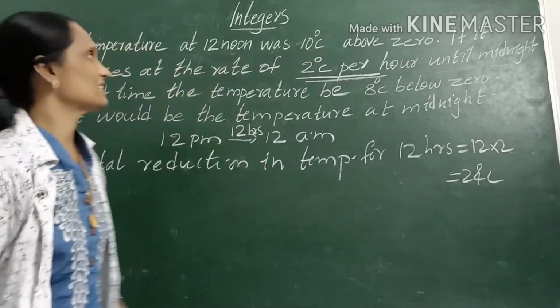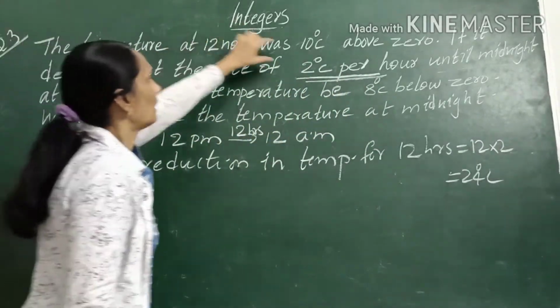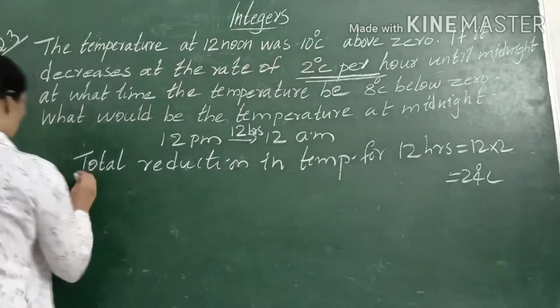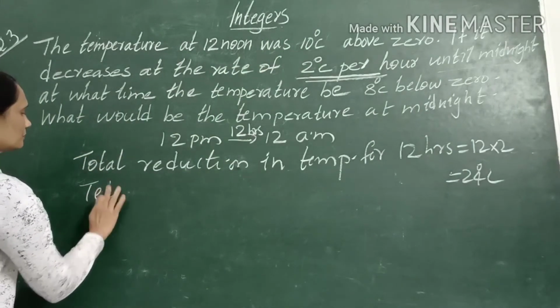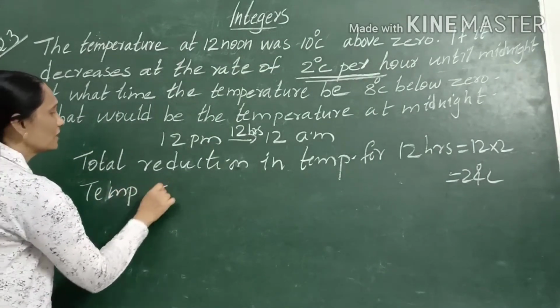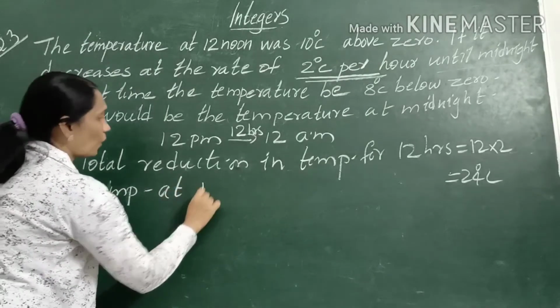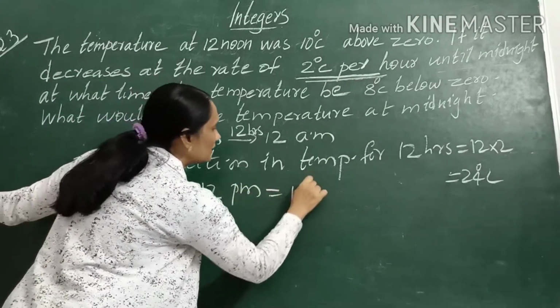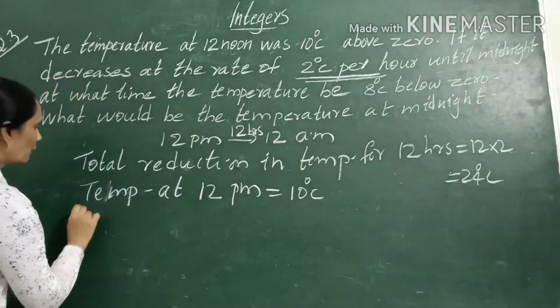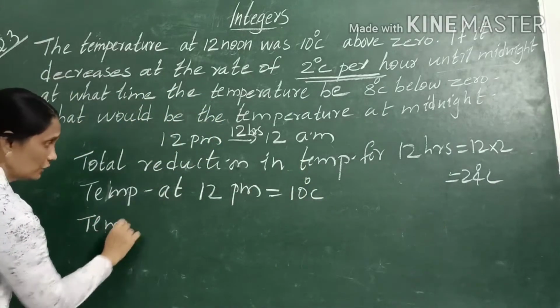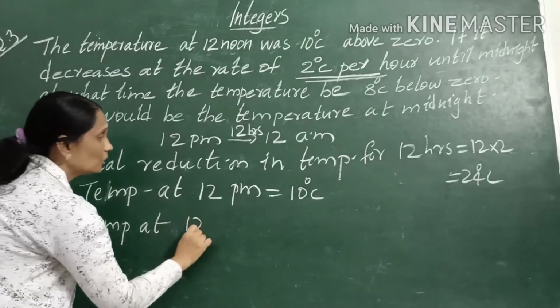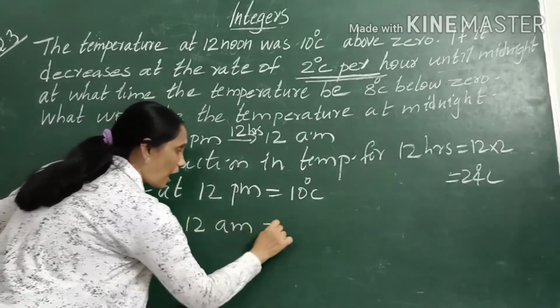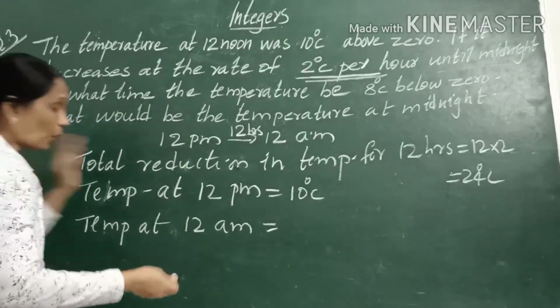Okay, now let us see. 12 noon, what was the temperature? Temperature at 12 PM or 12 noon was 10 degrees Celsius. So, we want to find out the temperature at 12 AM, means after 12 hours.